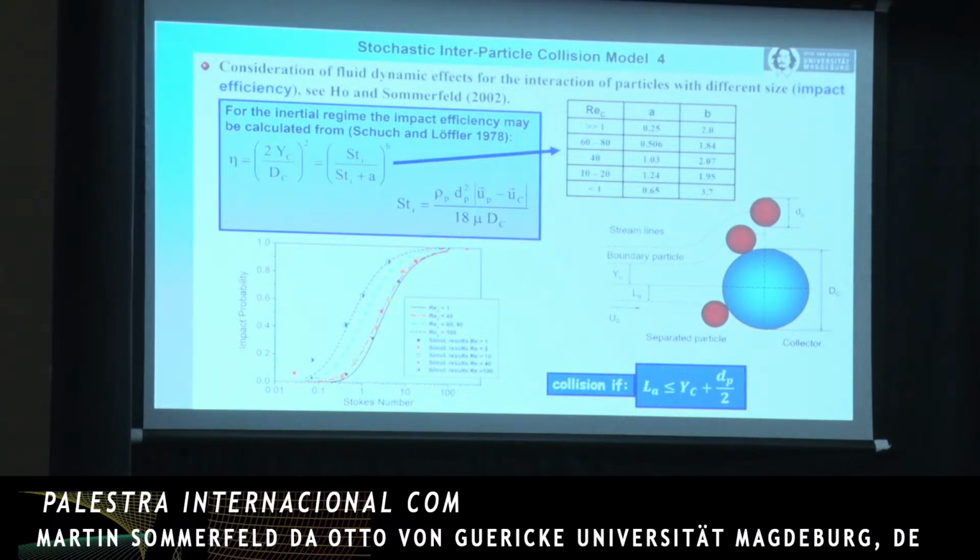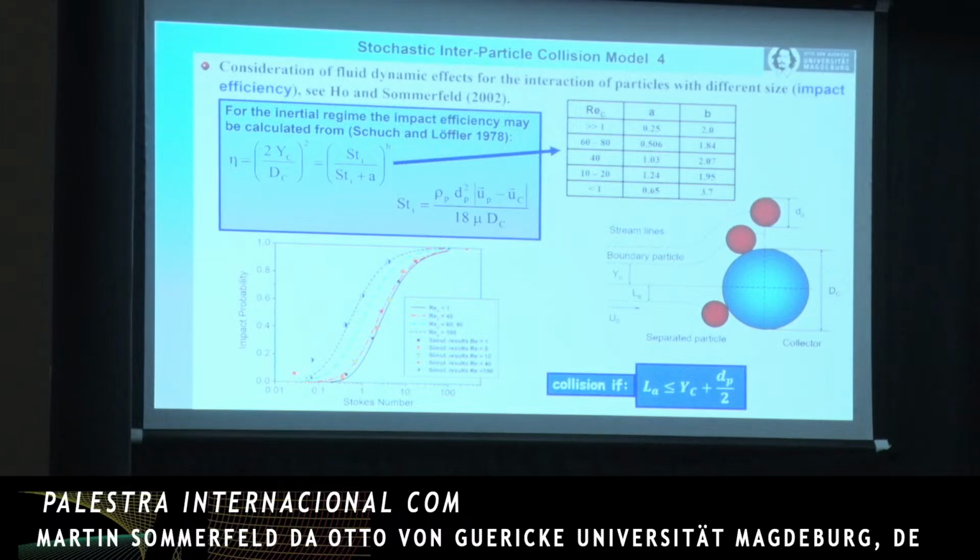So it will not have a collision. So we have to define this impact efficiency. Luckily, my colleague from Karlsruhe many years ago evaluated this impact efficiency for a spray scrubber, where droplets capture solid particles. And this problem is also present in three-phase flow, where you want to capture solid particles in the liquid with a bubble.